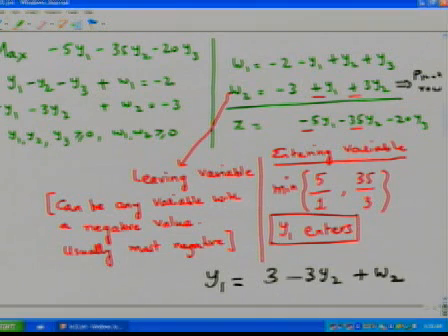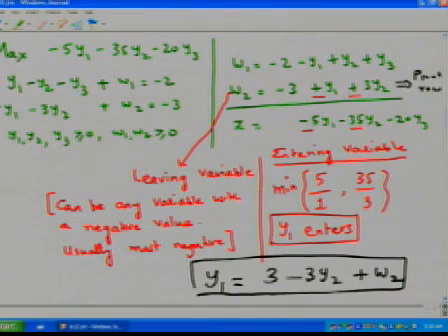Right? And so this is going to be your new second row. Moreover, wherever Y1 appears in the dictionary, in other places, you would use this expression. Okay? So it's the exact same operation. So use this expression for Y1 everywhere else in the dictionary.